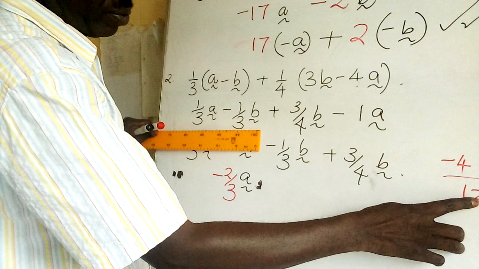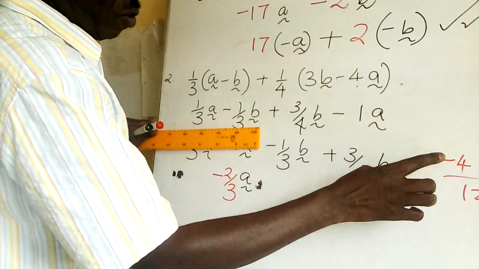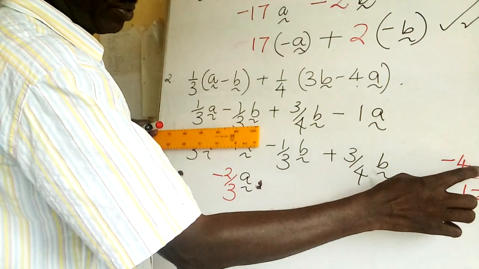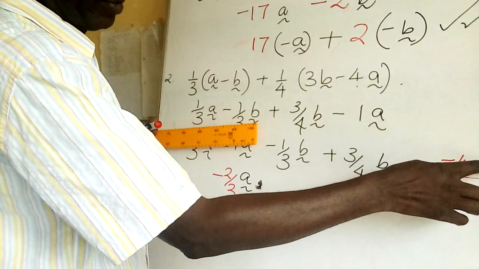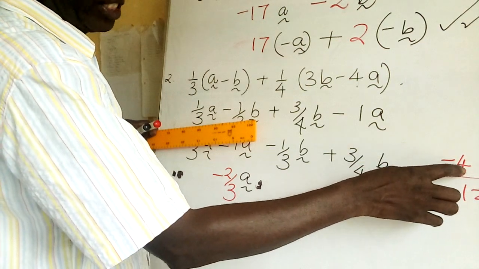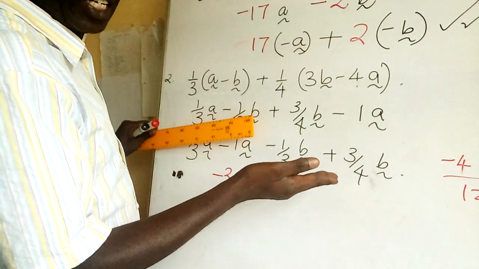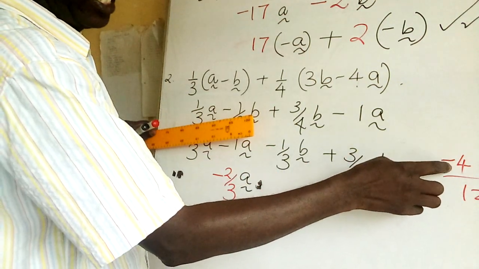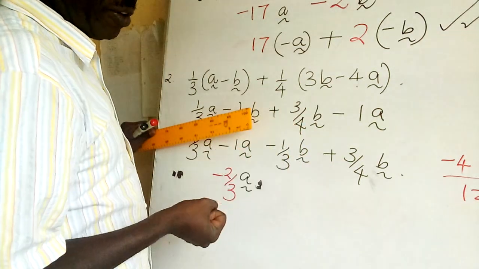LCM, 12. 12 divided by 3, 4. 4 times negative 1, negative 4. Plus 12 divided by 4, 3. 3 by 3, 9. So I have a debt of 4 shillings and I have 9 shillings. I have more money than the debt. Offset the 4, the debt, you remain with 5.